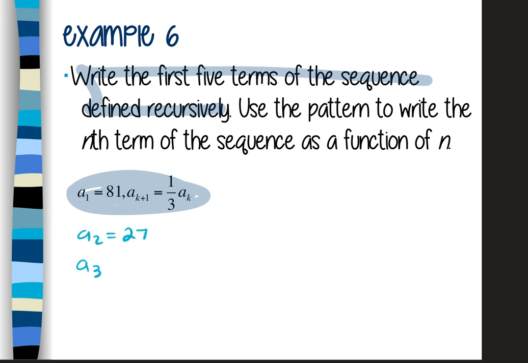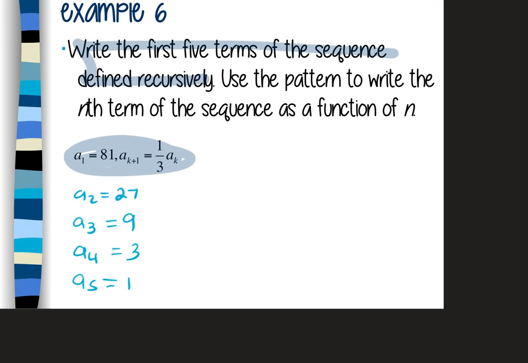What's the next one? 9. What's the next one? 3. What's the next one? 1. So the first 5 terms include the first one that we had because that's A1. So it's 81, 27, 9, 3, 1. That's the first part.